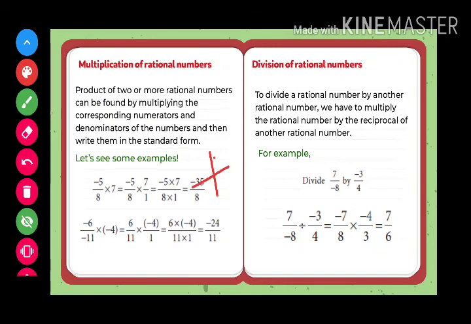Subtraction is very much similar to addition, and for multiplication you multiply the corresponding numerators and denominators. For division, you write the first number as it is, the division sign changes into multiplication sign, and the next term changes into its reciprocal form. That's all on the operations of rational numbers.